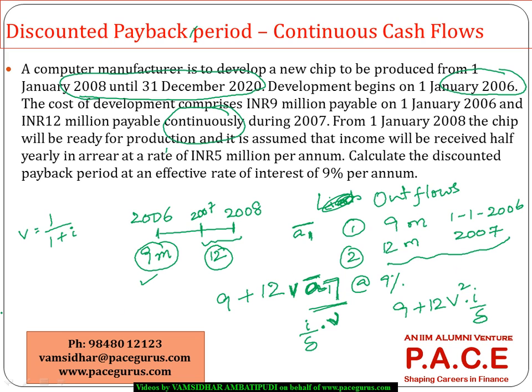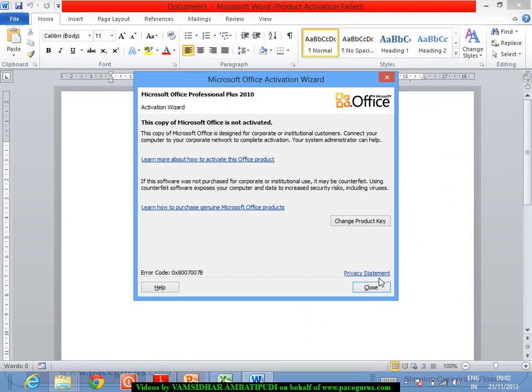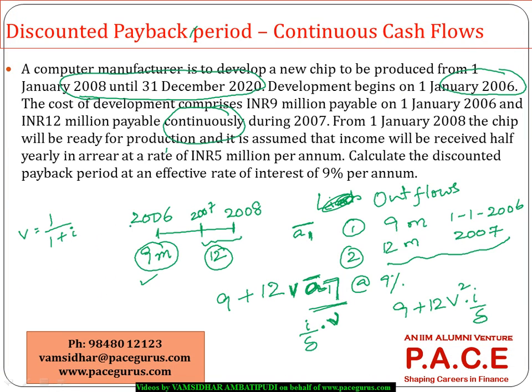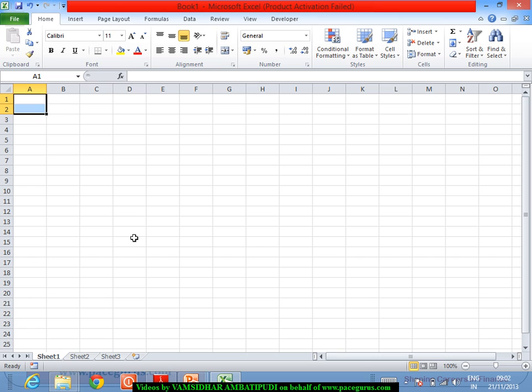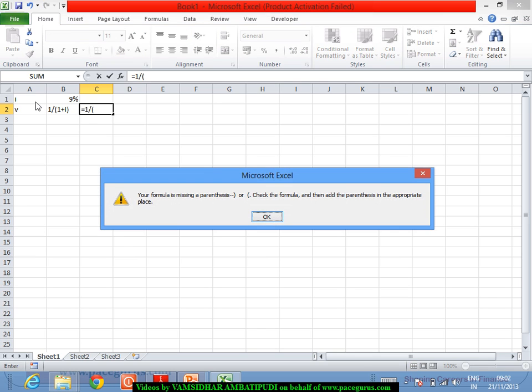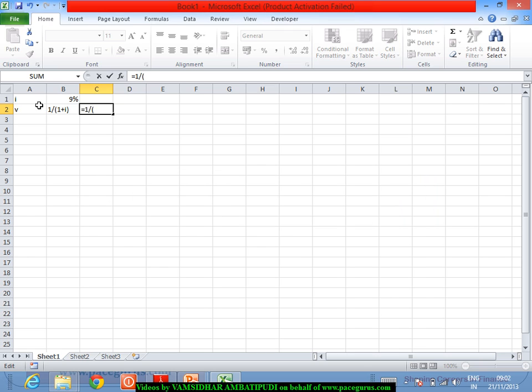And delta, just to recollect the formula, is nothing but log of 1 plus i. Right? So just to find out, we know that i is 0.09 or 9%, so let me call v equal to 1 by 1 plus i, which becomes 1 by 1.09. This is the value of v.